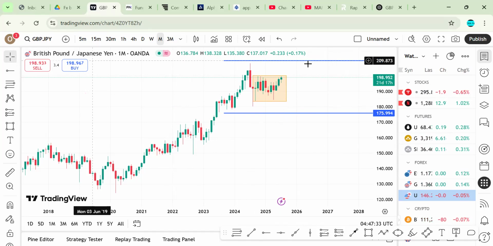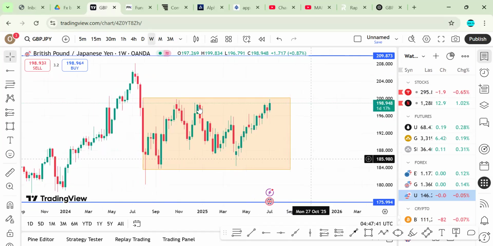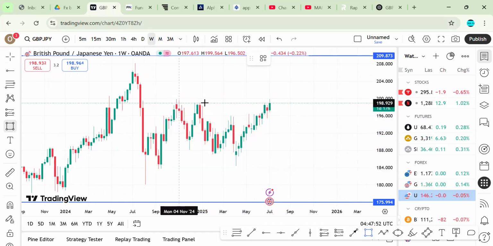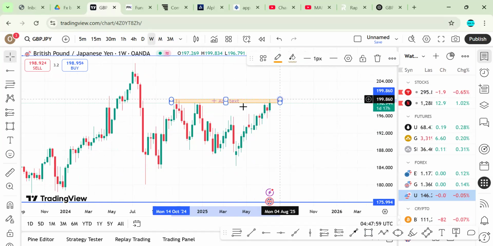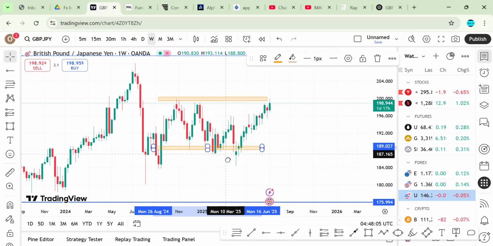Having that in mind, we can now go towards the next lower time frame, which is the weekly time frame. The weekly time frame helps us to see this more clearly. If I take this box out, I can now map out my resistance zone of the range, and my support zone of the range.